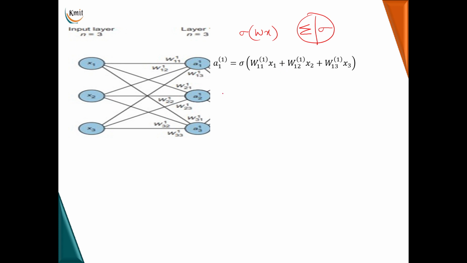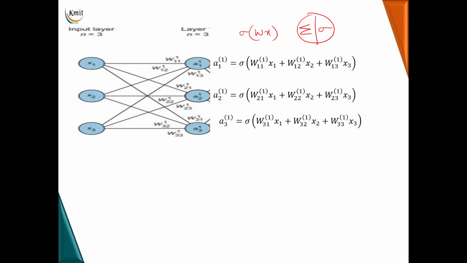Similarly, you can see here sigma of all the inputs coming to A11: I have x1 with W11, x2 with W12 and x3 with W13. Similarly for A21, I have x1 with W21, x2 with W22 and x3 with W23. So sigma of the weighted sum of all the inputs associated with the second node of the first hidden layer, and similarly for the third node.